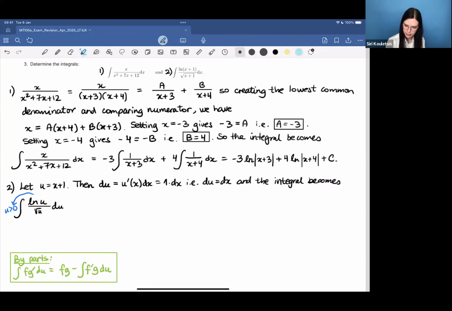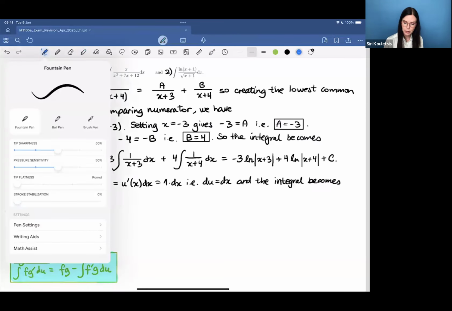Perhaps we can highlight that a little bit. Okay, so as we said, now we have the rule down. We need to determine what is going to play the role of f and what's going to play the role of g prime.